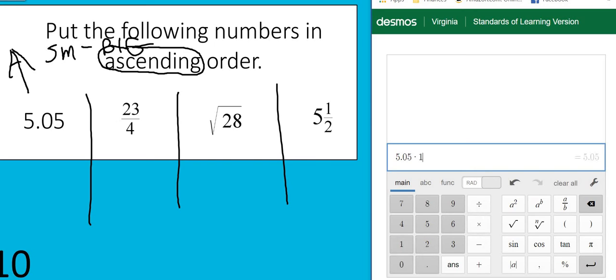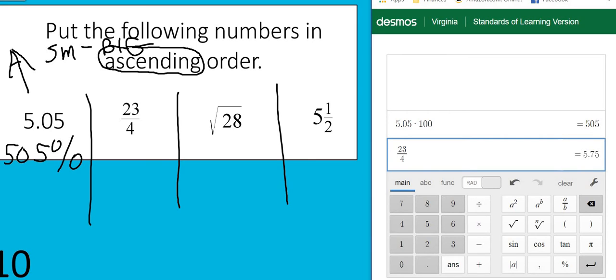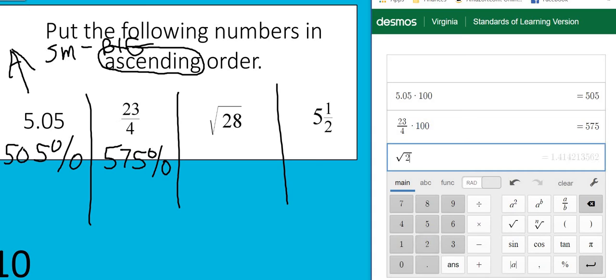5.05 times 100 makes this 505%. The next one is 23 divided by 4 times 100, which gives me 575%. The next one is the square root of 28.